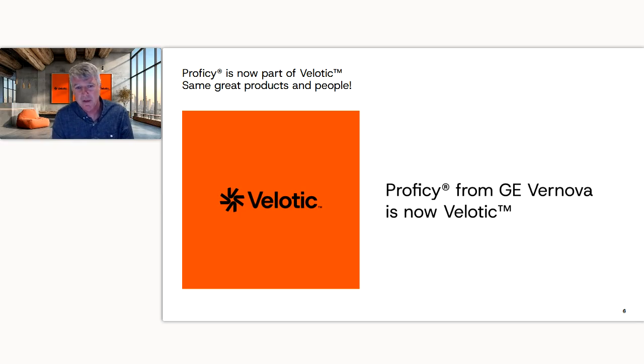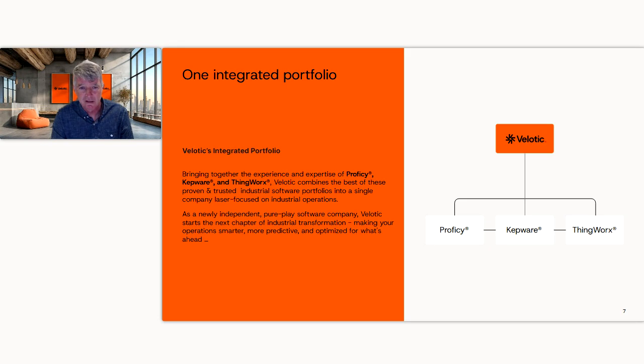What's happened here is we've joined the Proficy suite that you know from GE, with products you're probably very familiar with. On the Proficy side, you have things like iFix, Simplicity, Historian, our MES solution called Plant Apps for Smart Factory, and our analytics called CSense.